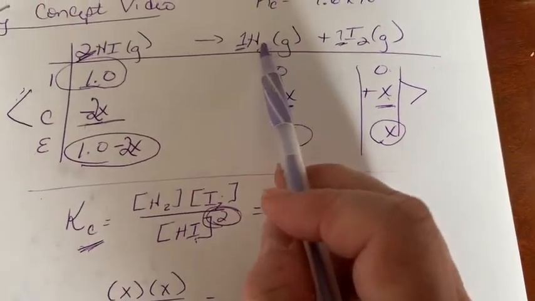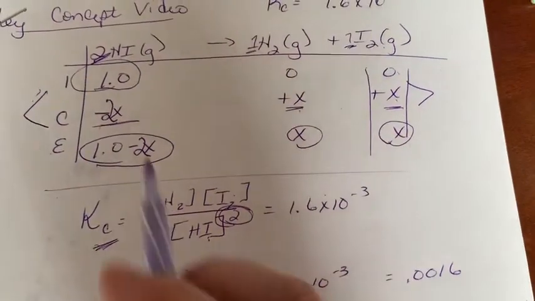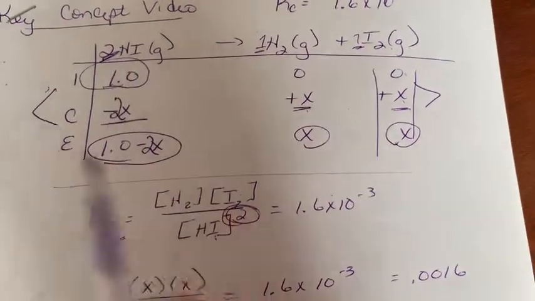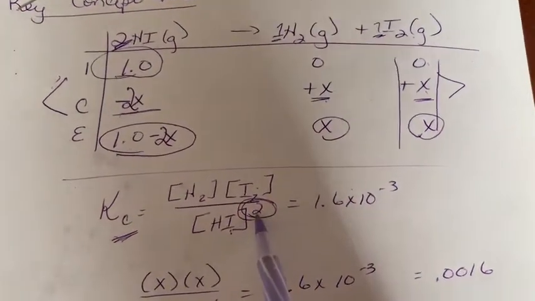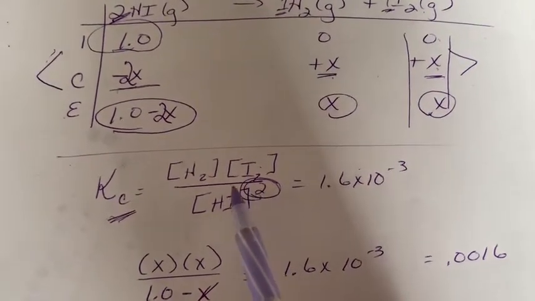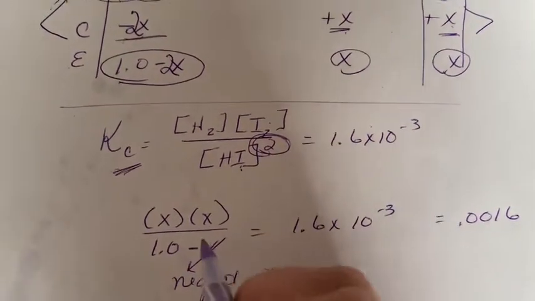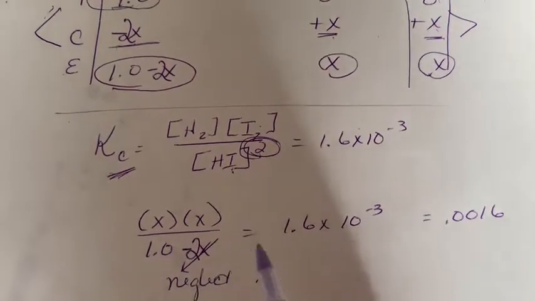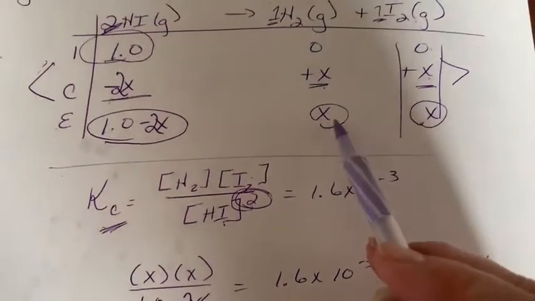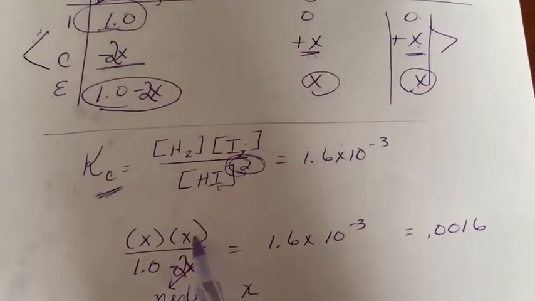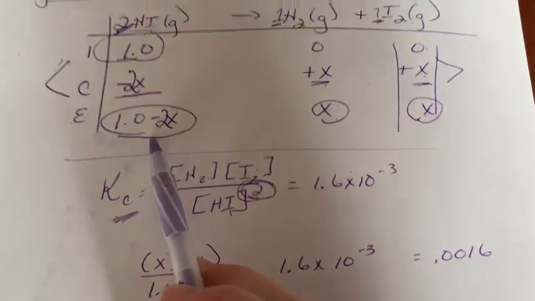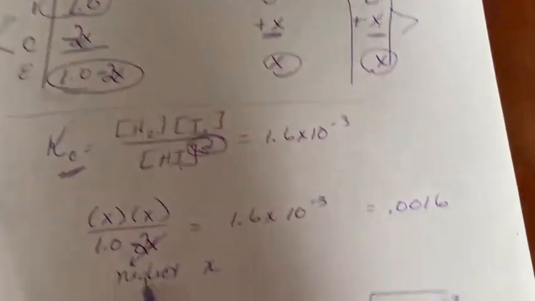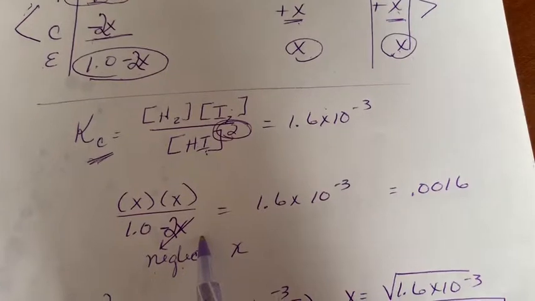Remember that it's the concentration, and if there's any coefficient in front of it, that becomes an exponent, so be careful with that. So now let's plug in the values, and gosh, I've got to correct myself again. The equilibrium concentrations of the products are just X. The equilibrium concentration of the reactant is 1 minus 2X.